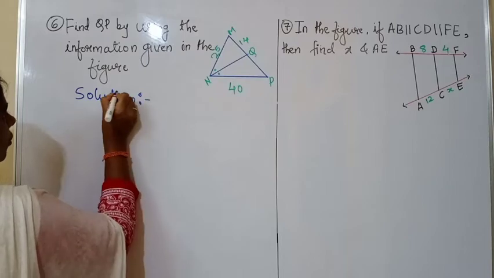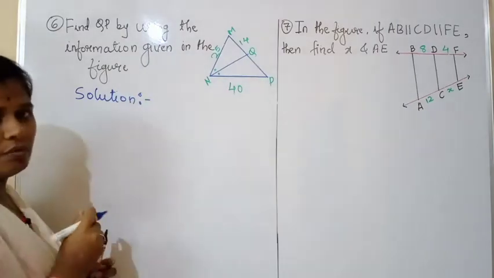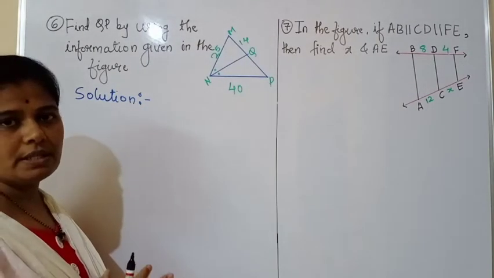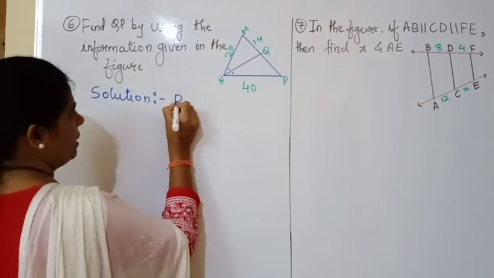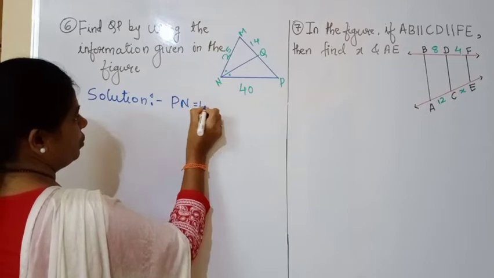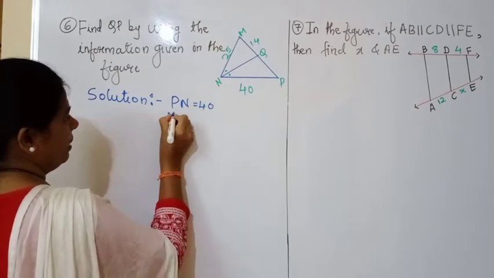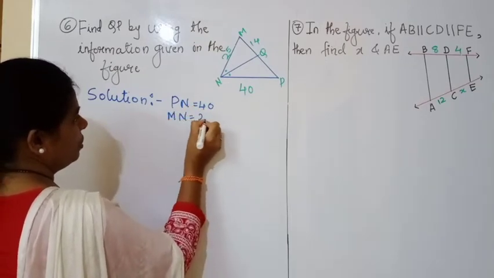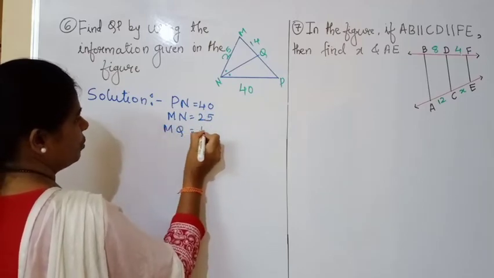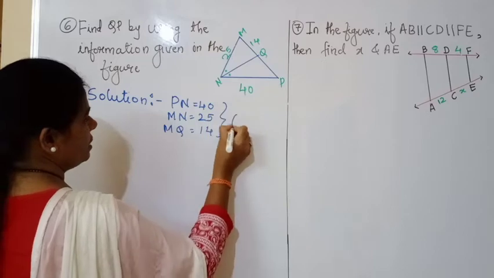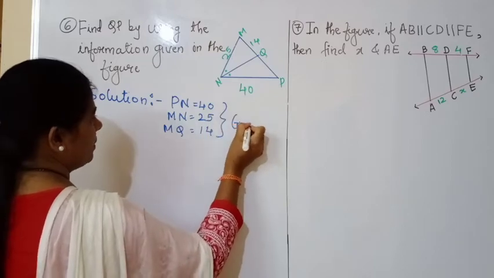First we write what information is given in the example. PN equal to 40, then MN is equal to 25, then MQ is equal to 14. These three things are given.